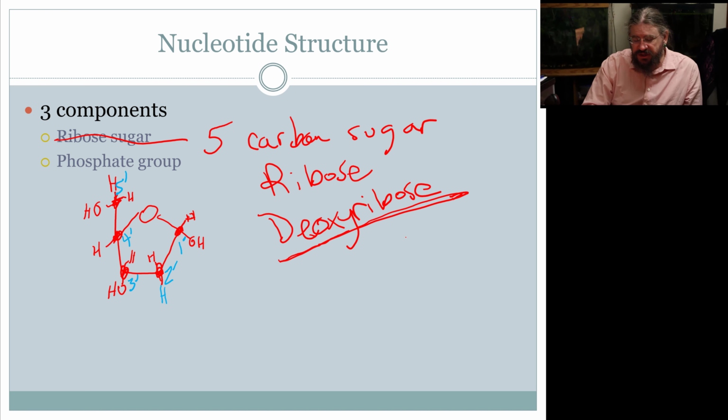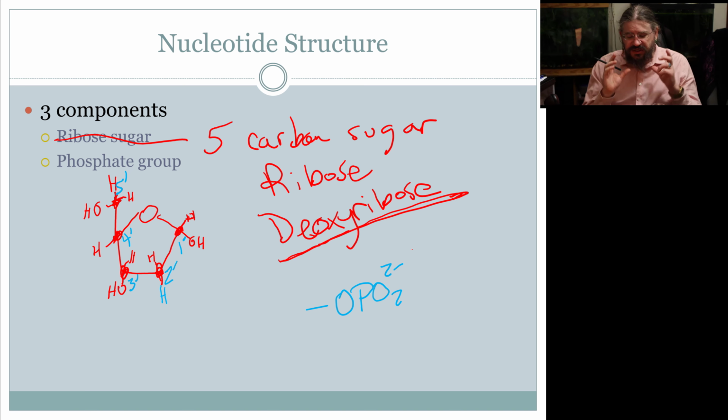Next up is the phosphate group. That's pretty easy. Phosphate as a functional group is OPO2, 2 minus. So it will be the functional group that is the site of the phosphodiester bonds between nucleotides.